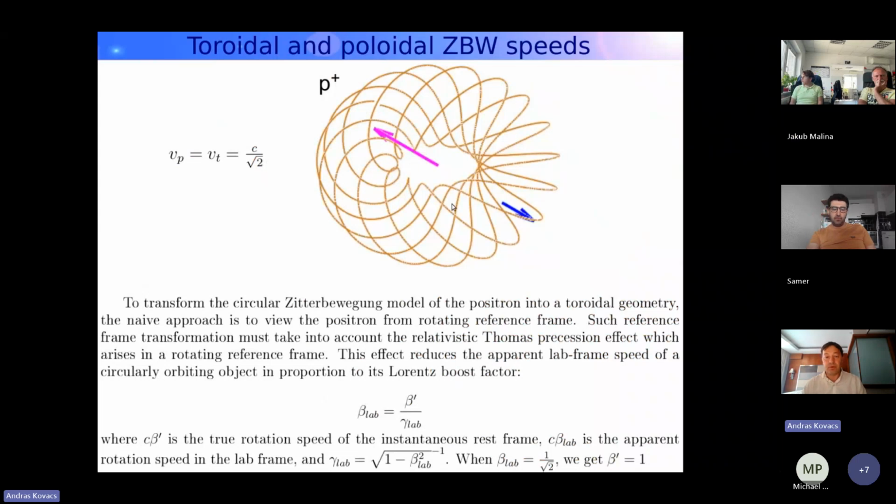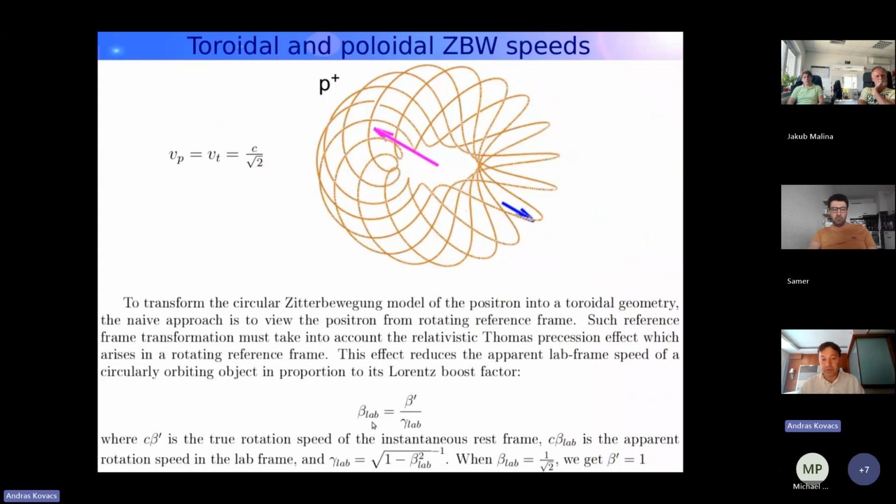And you can imagine a thought experiment that instead of looking at it from the lab frame, you want to catch up with the toroidal oscillation and look at it from a rotating reference frame in which this toroidal oscillation disappears. In other words, you are trying to catch up with this toroidal circulation.